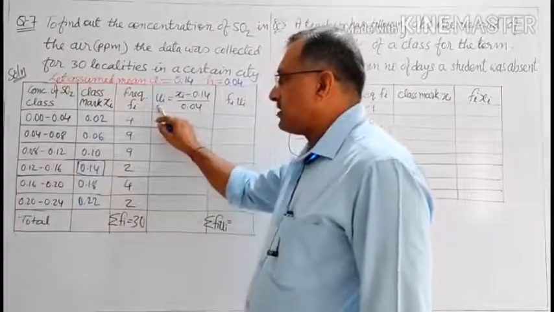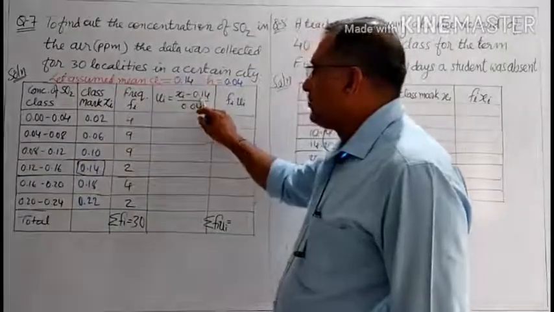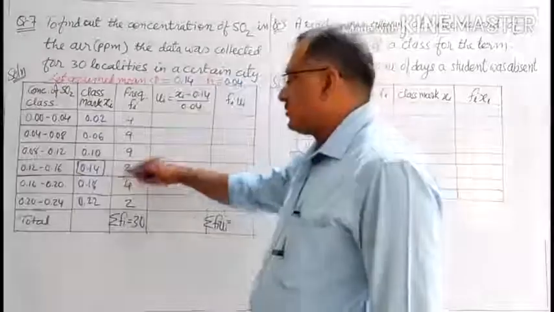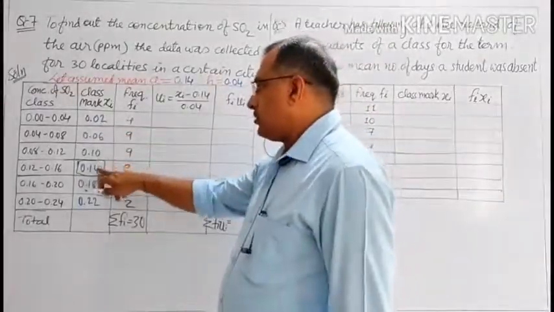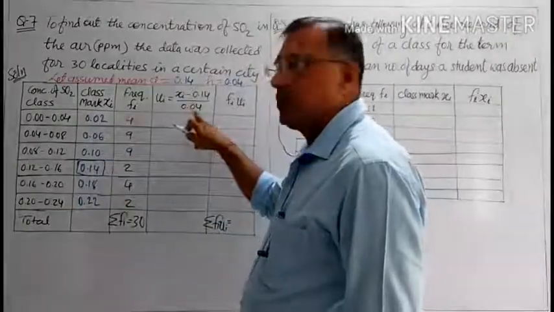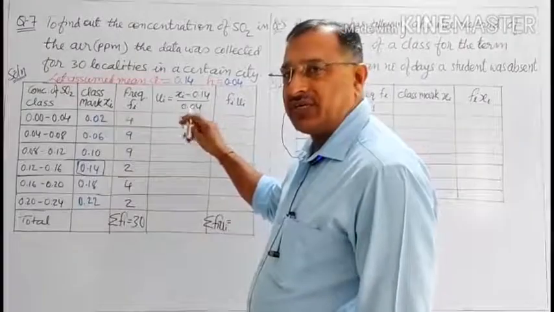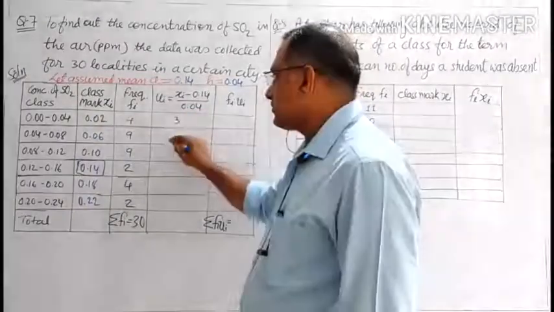Now we can find out the step deviation for each observation. So each observation minus assumed mean divided by class width. So here observation 0.02 minus 0.14, that is minus 0.12, divided by 0.04. So that is 4 threes are 12. So here we will get -3.